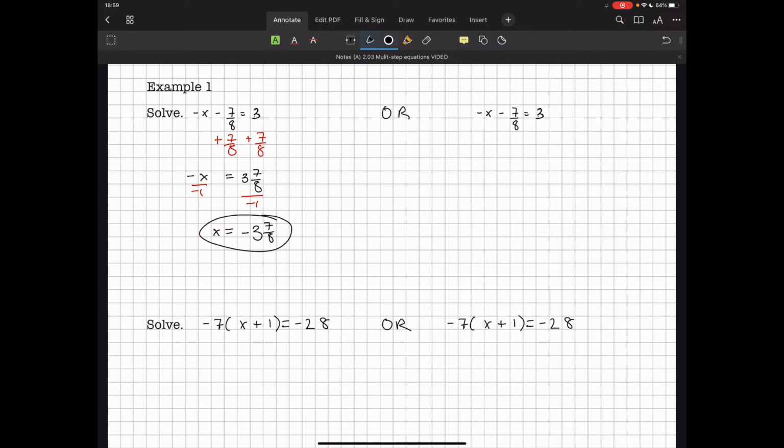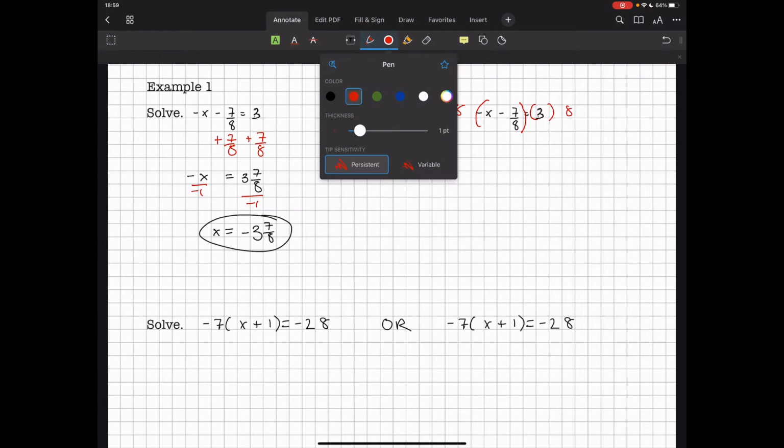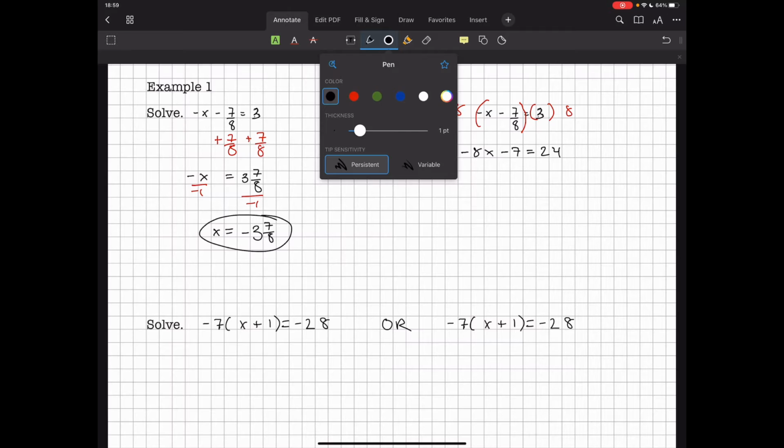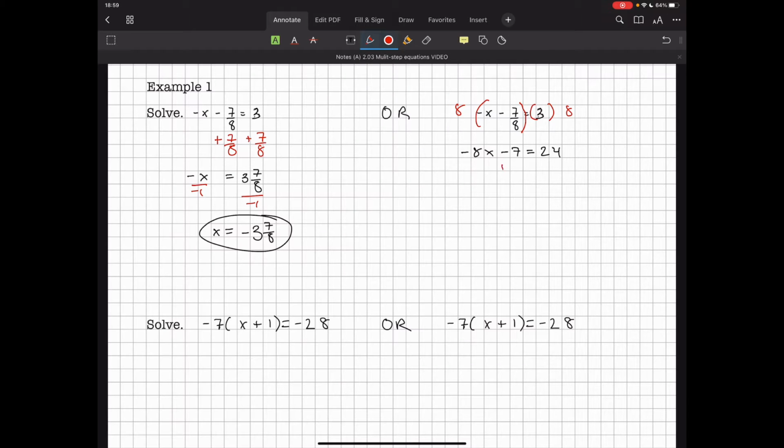That's not the only way we could have started this problem, though. There's another route we could have taken. For example, we could have multiplied both sides of the equation by 8. Doing this would clear out the fraction. So then we'd have negative 8x minus 7 equals 24. From there, it's just a regular two-step equation.